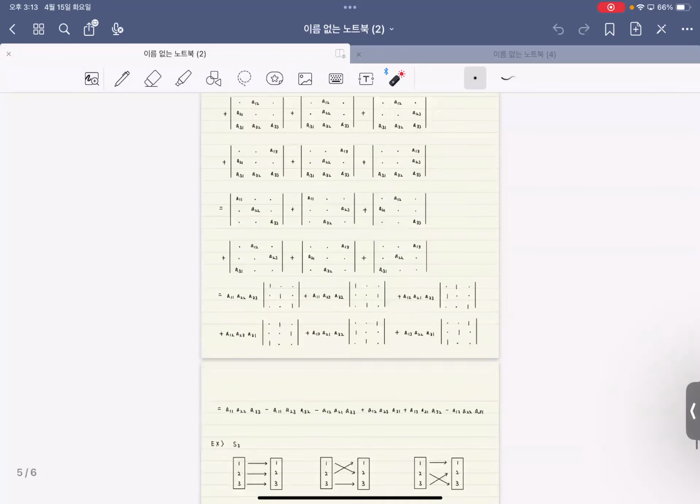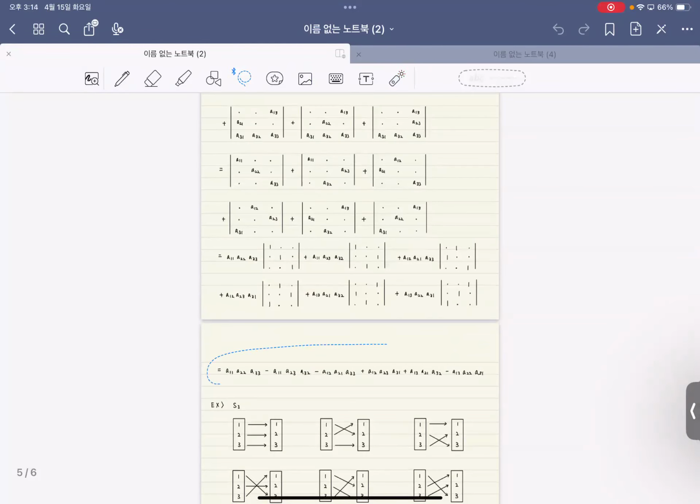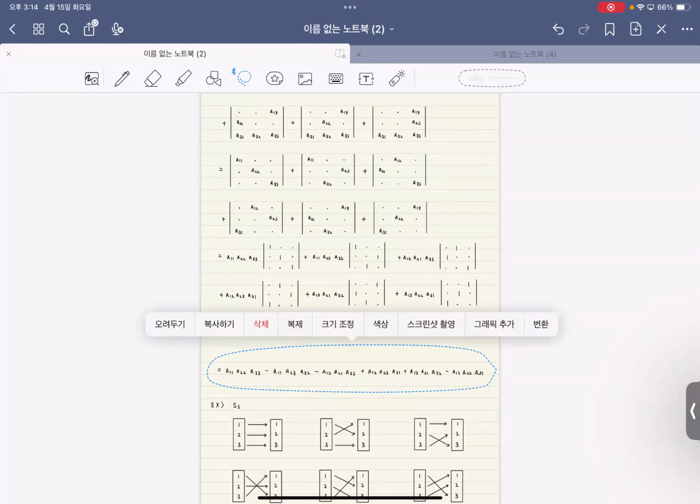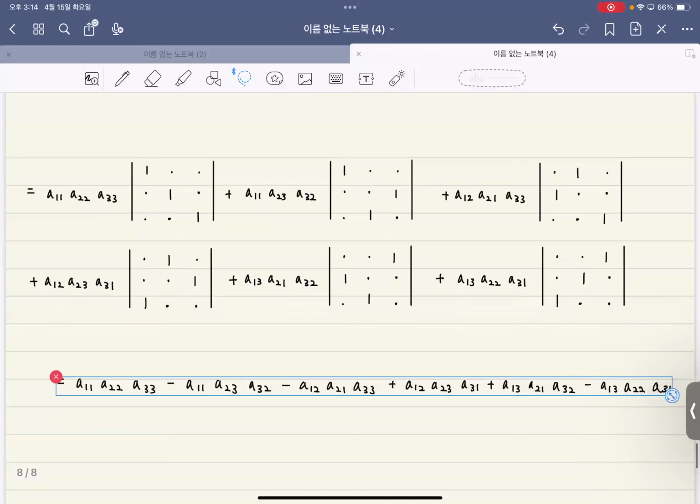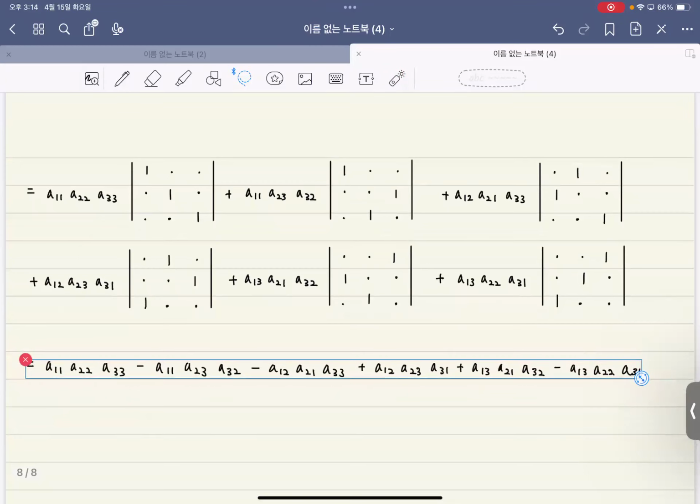Okay, therefore, this guy just carries over, but this is 1. This guy also carries over, but since we all agree that this is -1, I have the negative sign here.